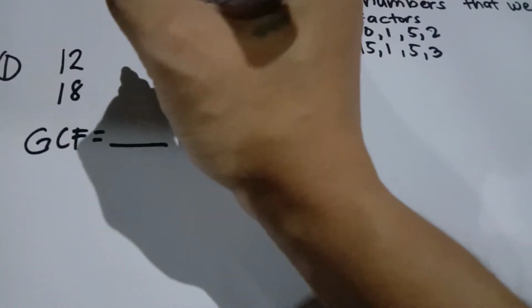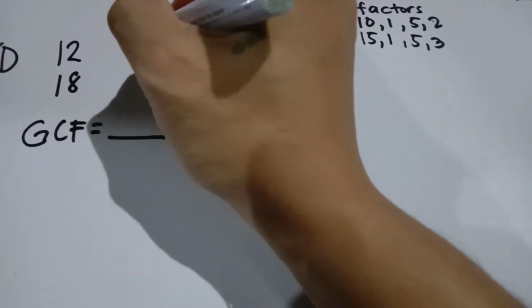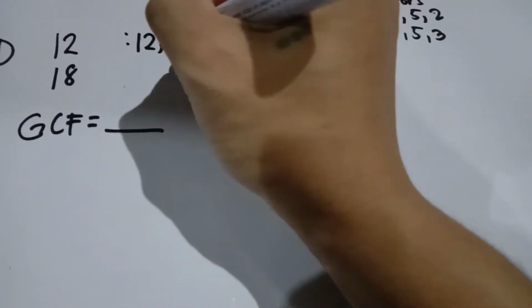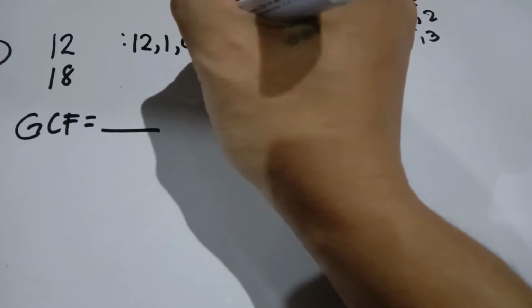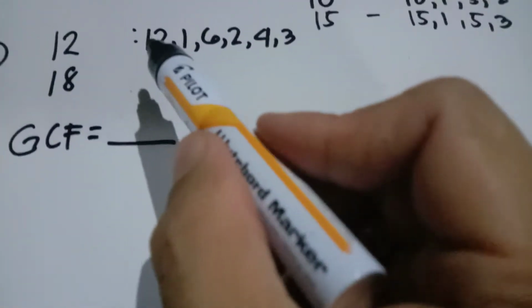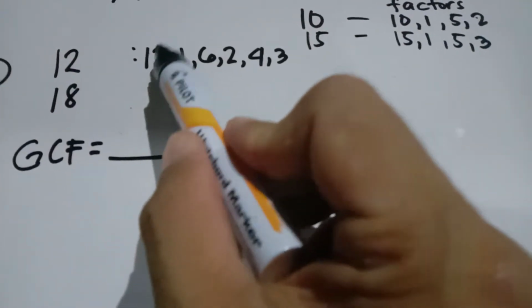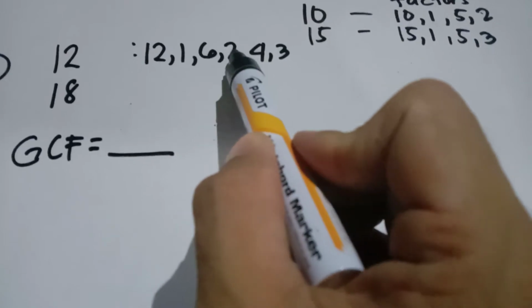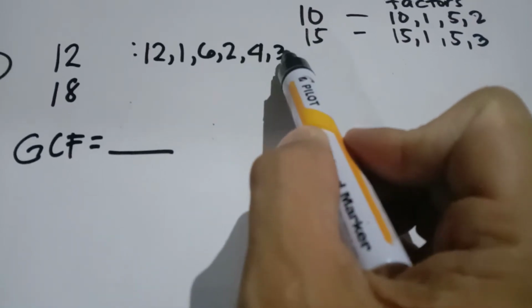For 12, the factors are 12 and 1, 6 and 2, 4 and 3. So again, the factors of 12 are 12 and 1, 6 and 2, 4 and 3.